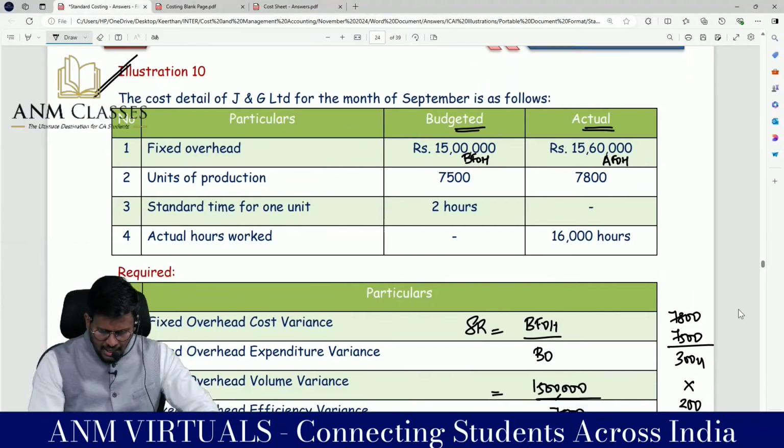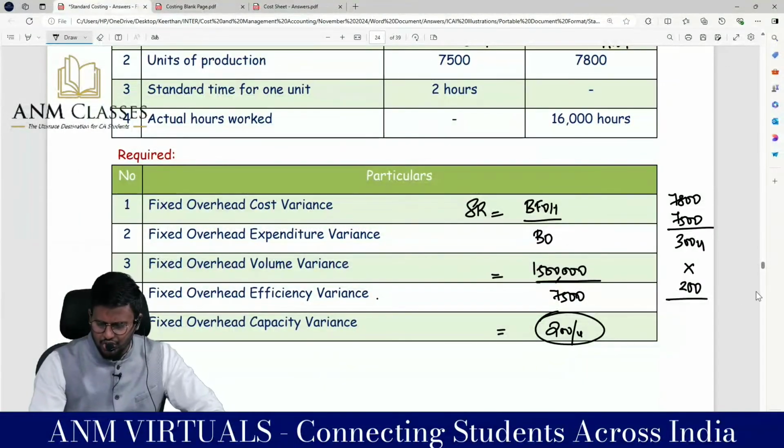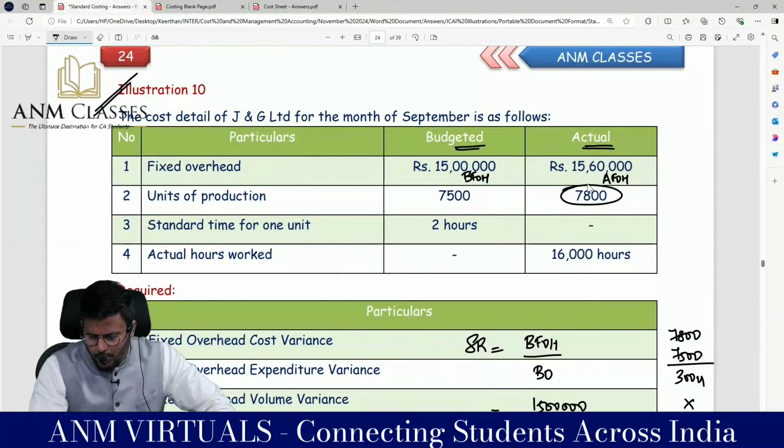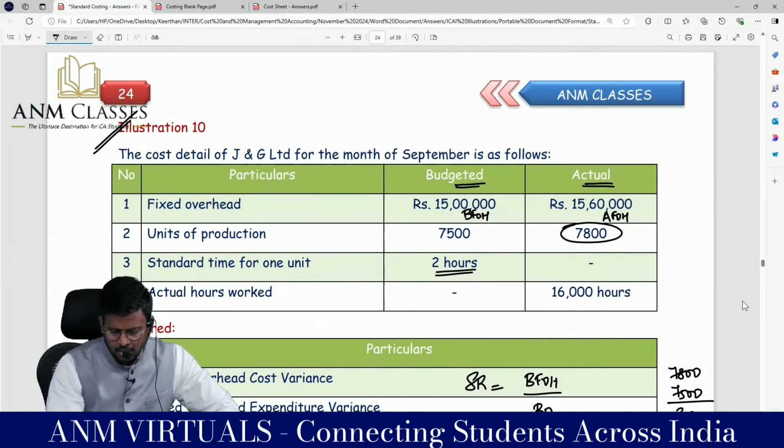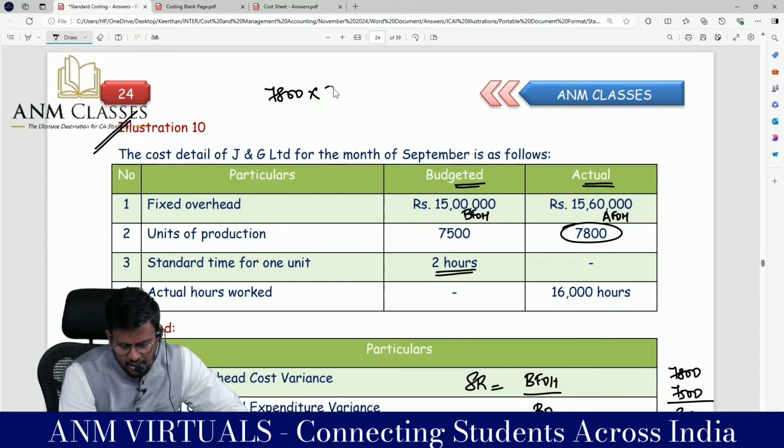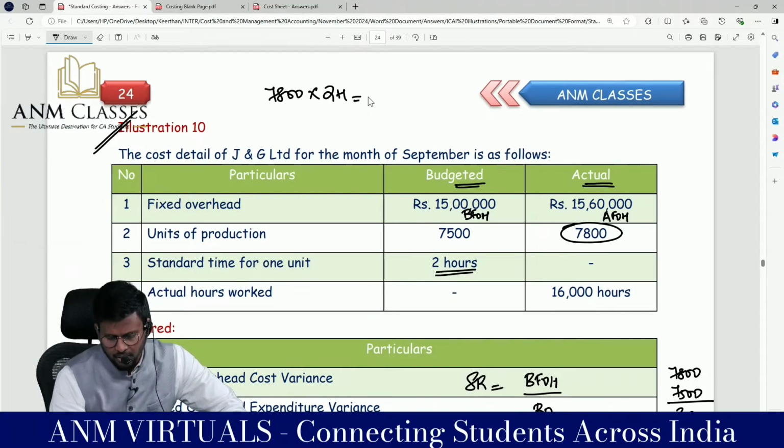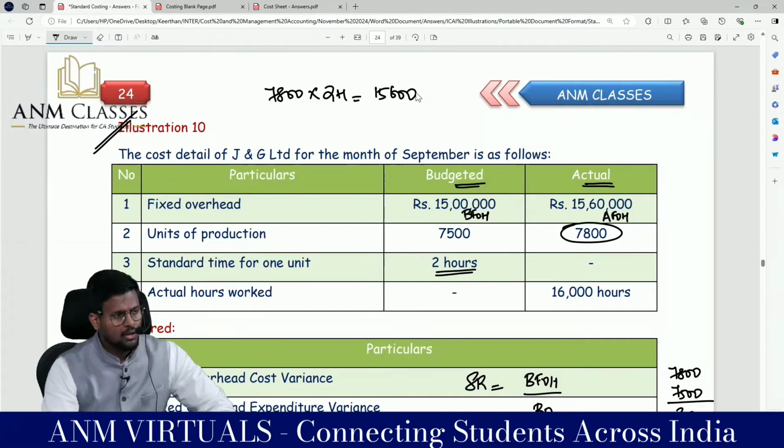Next, I am going to find out the fixed overhead efficiency variance. Actual units produced is 7,800, and the standard time is 2 hours. 7,800 into 2 hours comes to 15,600 hours.